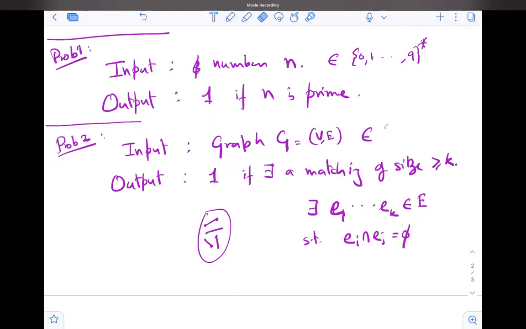If you want to talk about the adjacency list, the vertices each have labels, v1 to vn, to the power star. These v1 to vn are labels of this graph. I can think of each label as v1 is basically 1, v2 is 2, and so on. So I can think of this as n to the power star.